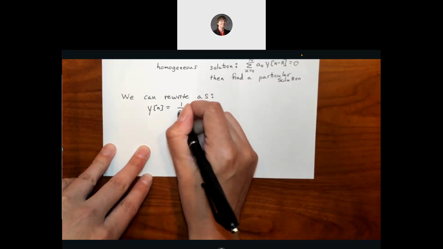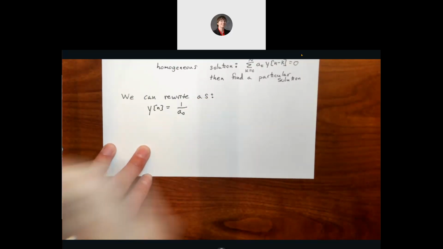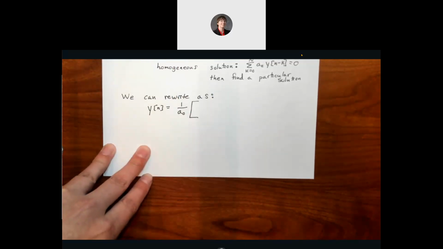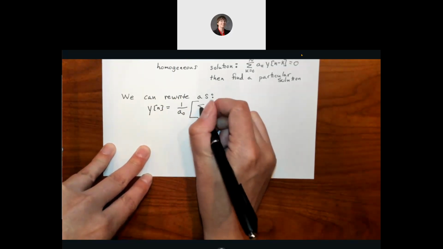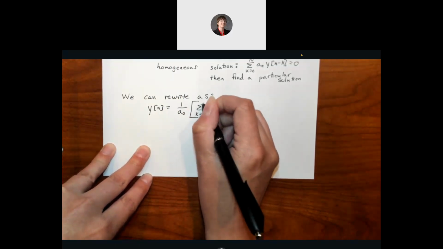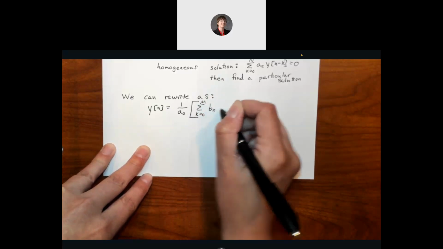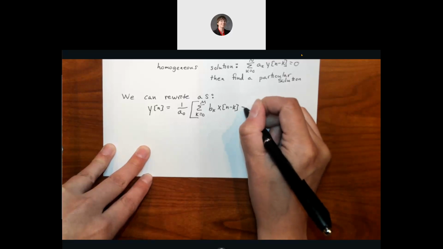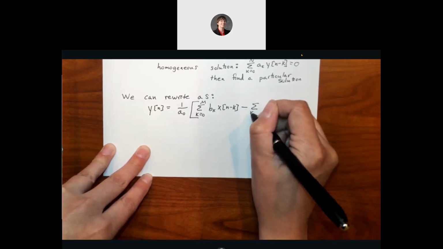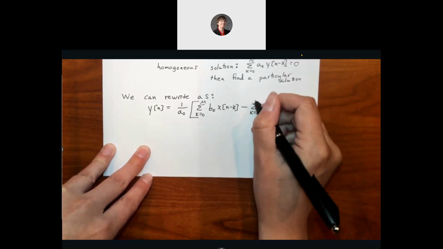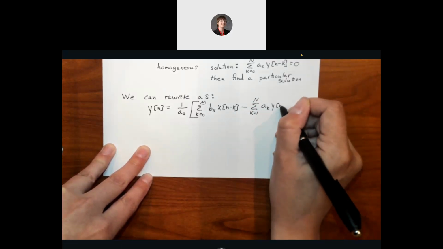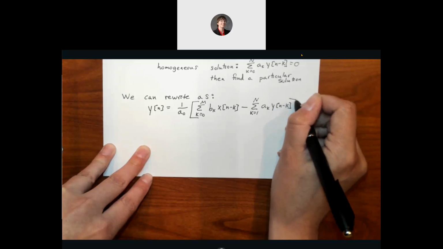So I'm going to bring that to the other side. And I'm going to bring all of the other y terms in that summation also to the other side. So we have all of our x terms minus, I pulled out k equals 0. So I'm left with all of the other terms there.